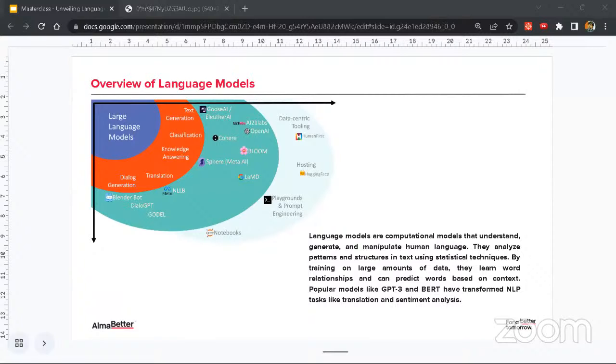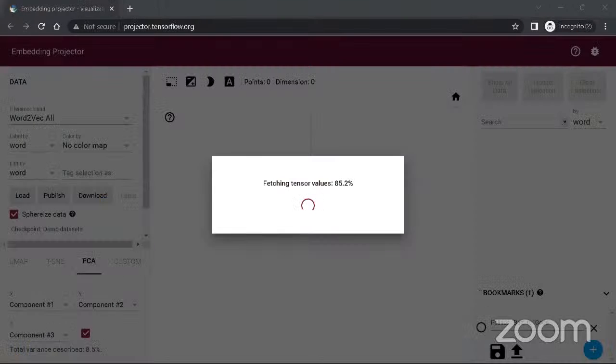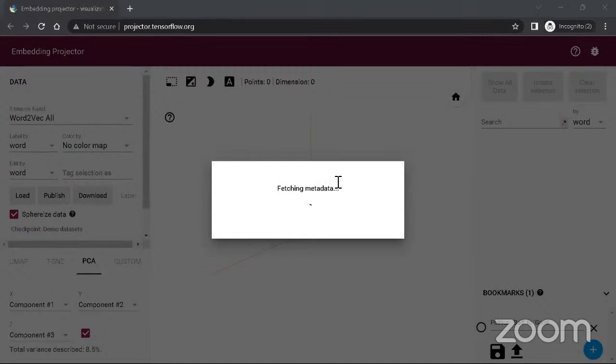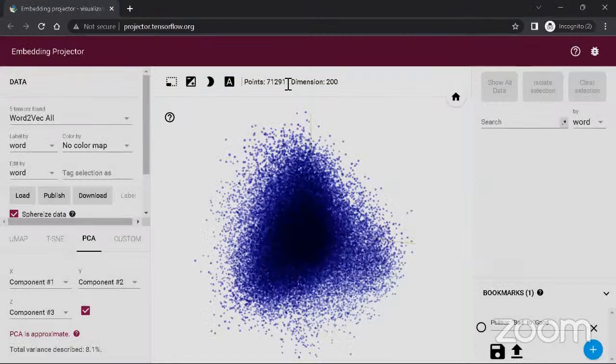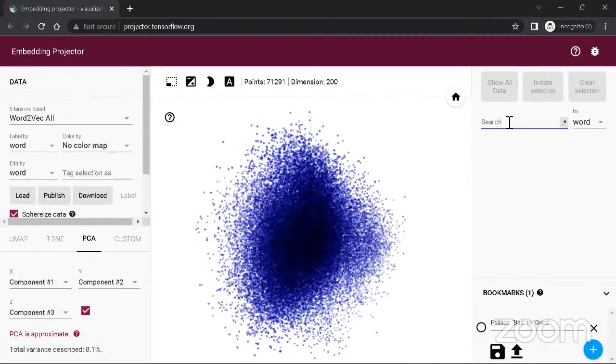This is actually a small example with respect to a word to vec model. You can see right now what's happening behind the scenes, where we have individual words and we're able to understand them with respect to their vectorized representations. You can see there are a total of 71,291 points we have right now. And I can just go and show you a couple of examples right now.